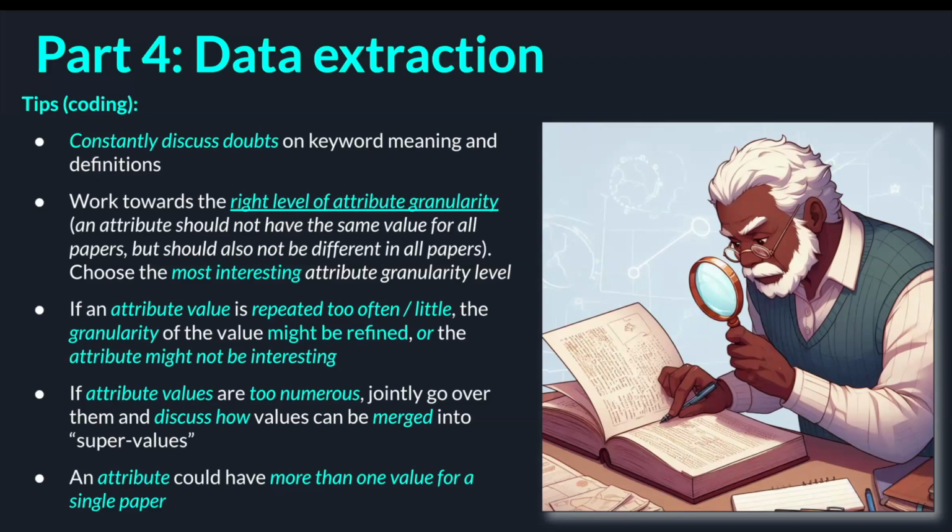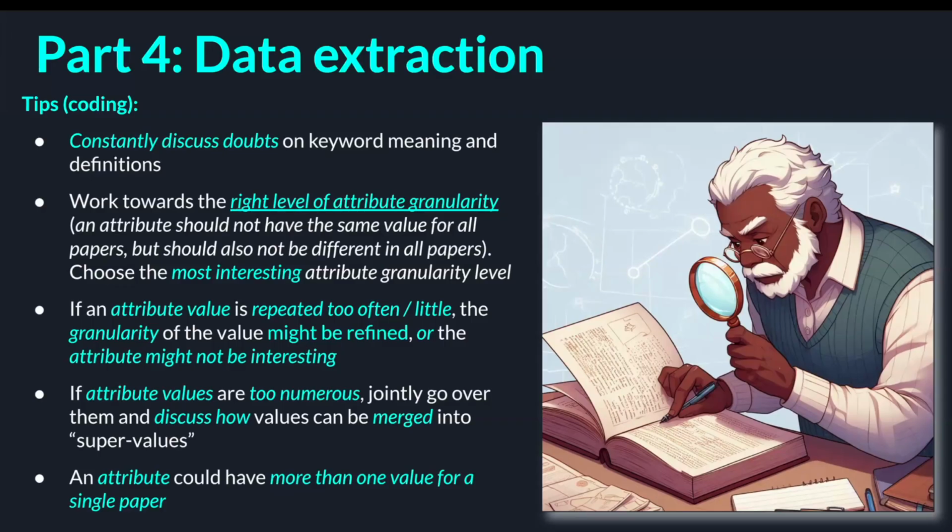So in this case, for example, if attribute values are too numerous and I just have one column "other", then I try to merge the different attributes into some super values. So maybe instead of looking for a specific deep learning algorithm, because everybody uses their own, I just say, are they using deep learning or machine learning or AI?